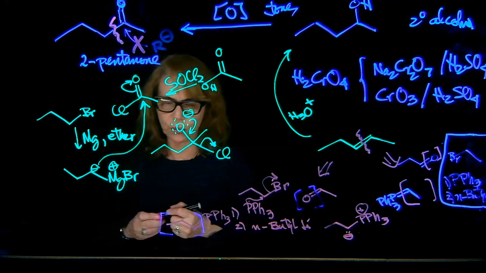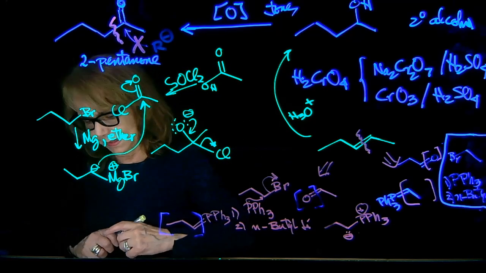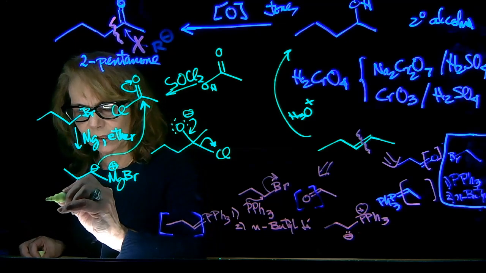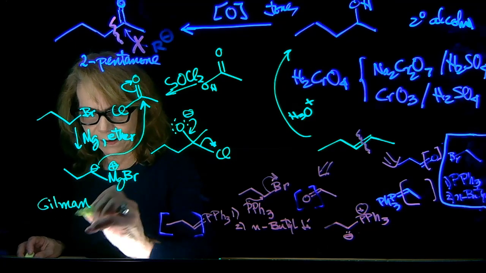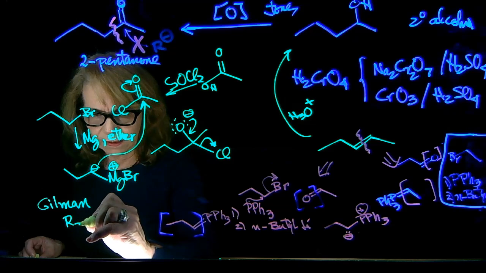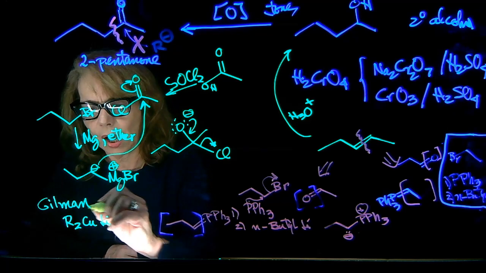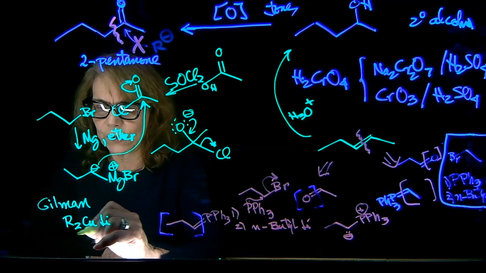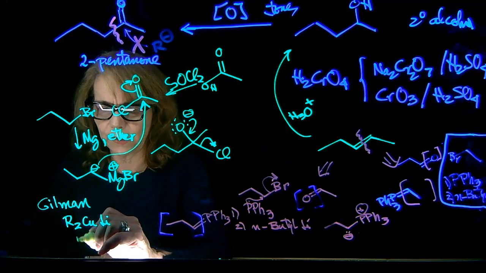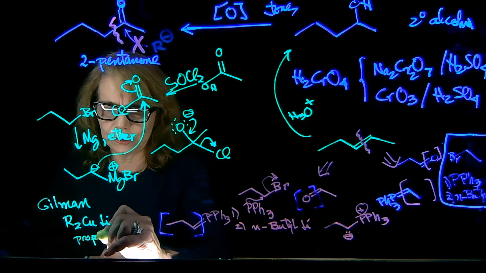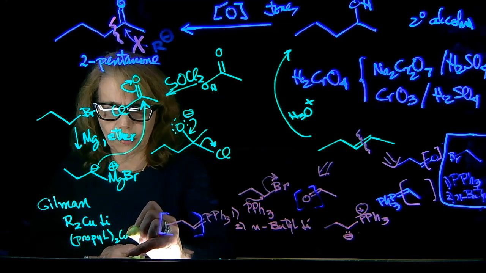So what can we do? Similar to this pathway, we can use Gilman instead. So a Gilman reagent is another organometallic, and here you will do, say, R2CuLi. So copper, and in this case, I need propyl. So I'm going to say propyl, 2 of those, copper in Gilman.